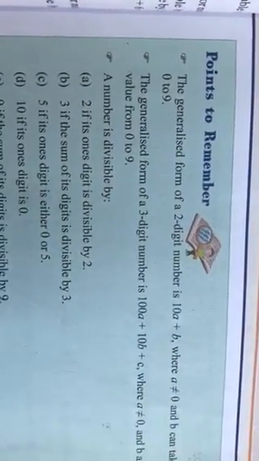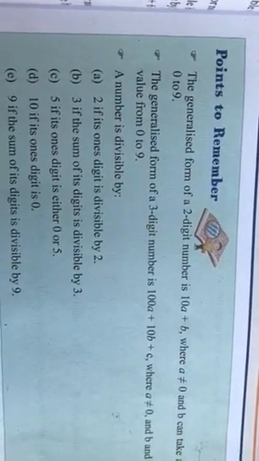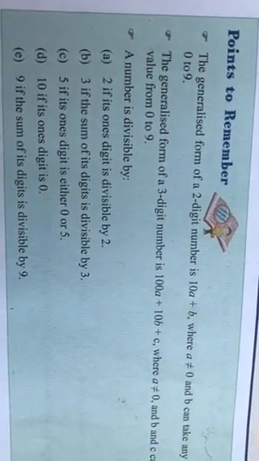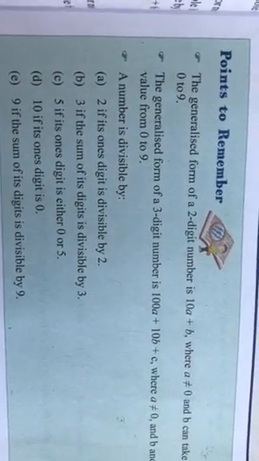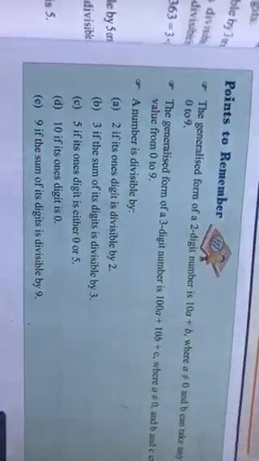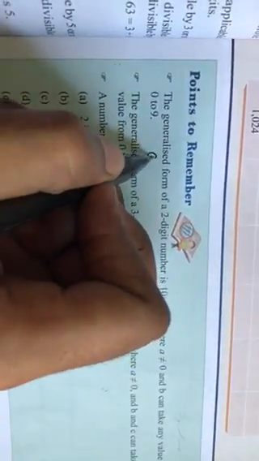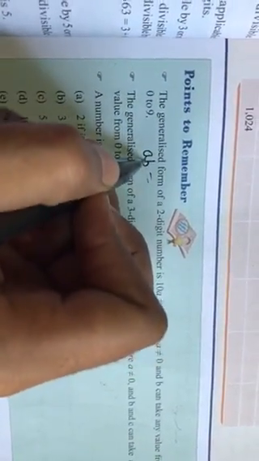Now there are some key points, important points that you have to learn for exam purposes, and the points are given. The generalized form of a 2-digit number is 10a plus b. That means if a number is in the form ab, ये मैंने पहले भी डिस्कस कर दिया.